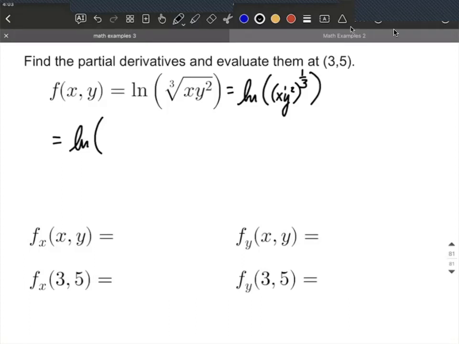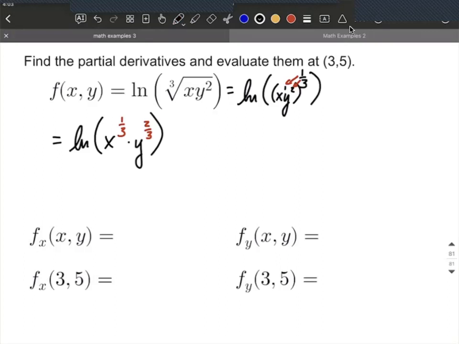So to bring the 1/3 to the inside here, we're going to multiply 1/3 by each of the current exponents. So we get x raised to the 1/3 power, multiplied by y raised to the, well, we have 2 times 1/3 makes 2/3 for our new exponent there.